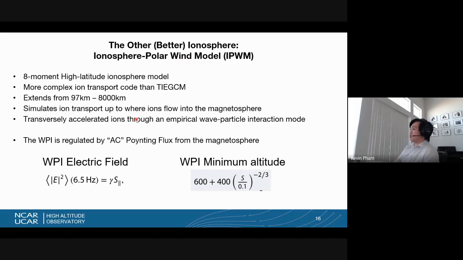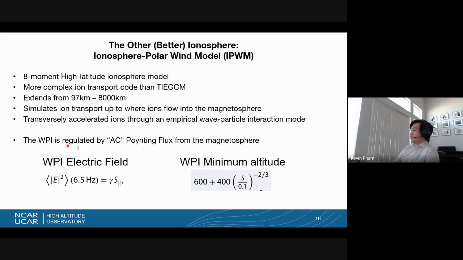Because it simulates the transport all the way up to the magnetospheric inner boundary, it's able to pass the ions from the ionosphere directly into the magnetosphere, also known as ion outflow. In addition to simply simulating the transport, it also has a unique transversely accelerated ion specification using an empirical wave-particle interaction model, or in this case, I'll just refer to this as the WPI.